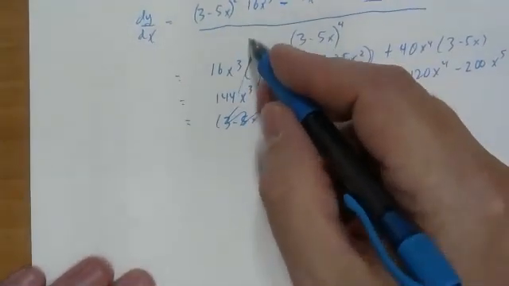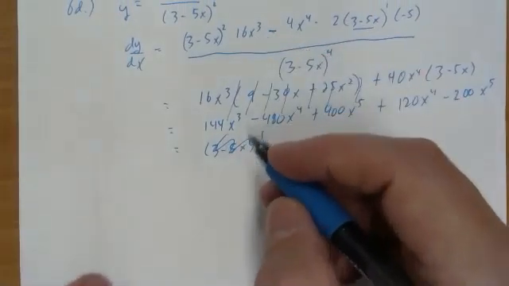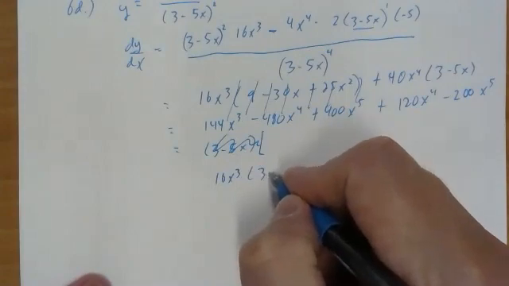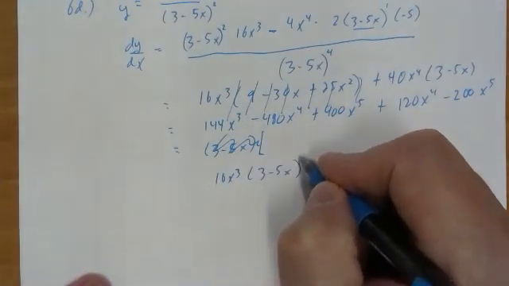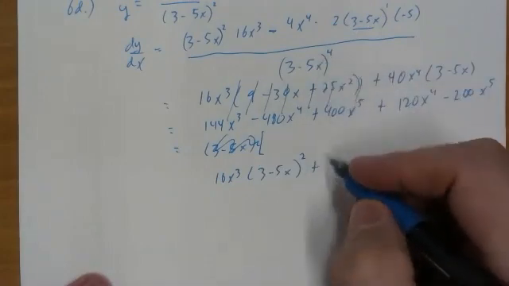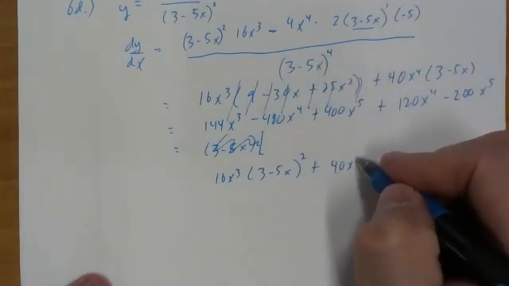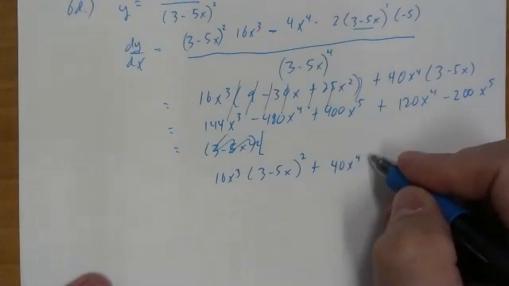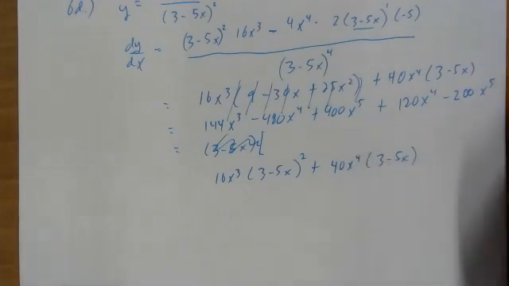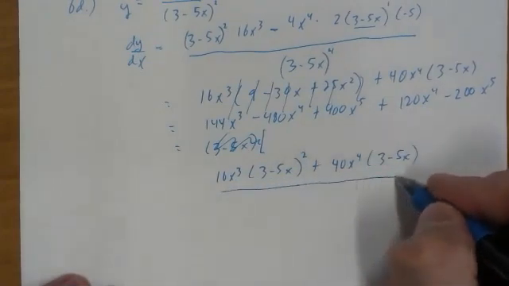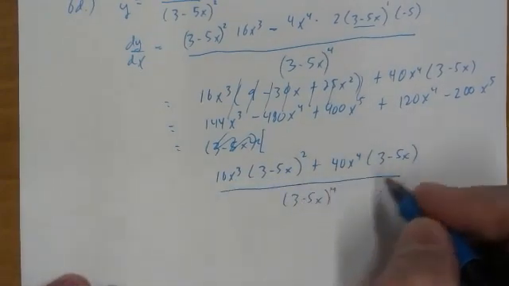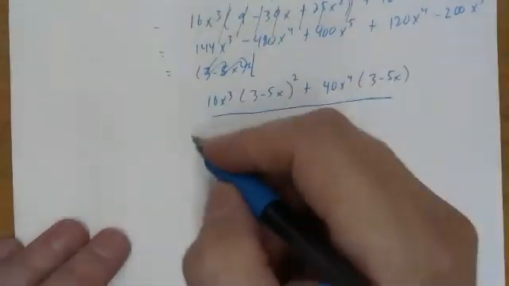Let's do this. Let's just call this 16x cubed, 3 minus 5x squared. And this is going to be plus 40x to the 4th. And all that is over. It's only a matter of simplifying.